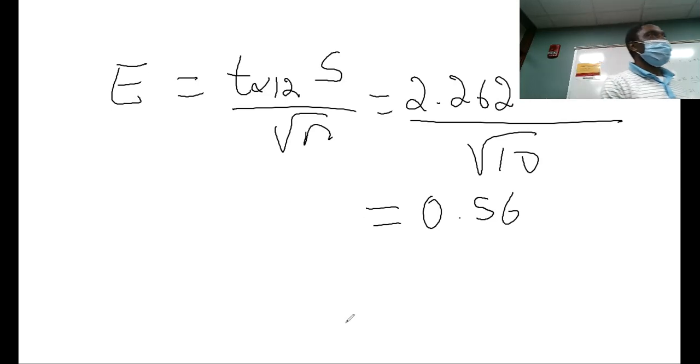Okay, what you should do, to avoid mistakes, is separate your operations, because using a calculator can be tricky sometimes. What is square root of 10? 3.16. Now you want to say E equals 2.262 times 0.78 divided by 3.16.